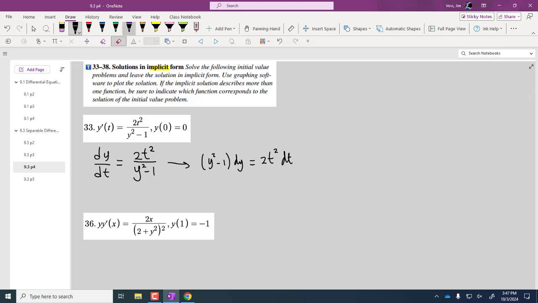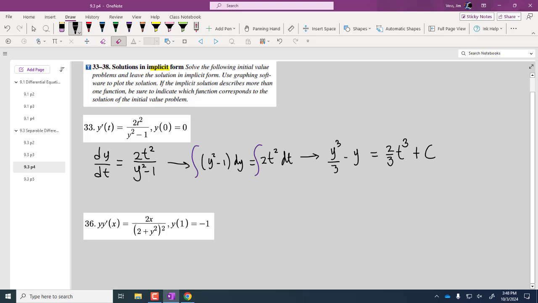Integrate both sides. And that's going to give us y to the 3 over 3 minus y plus a constant, but we're going to move the constant to the other side, equals 2/3 t cubed plus the constant.